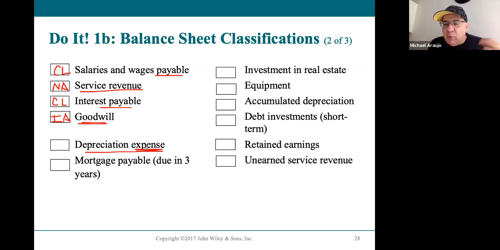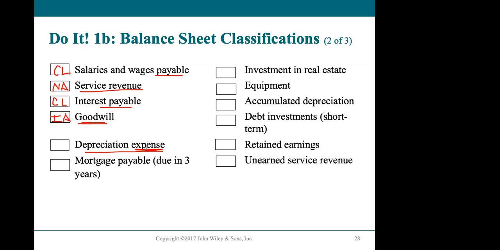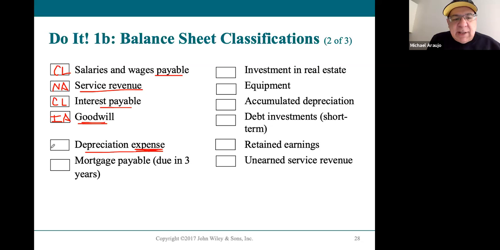As soon as you see the word expense in an account name, it should tell you that it's an expense. Income statement. Right? Rent expense, supplies expense, insurance expense, interest expense. That should tell you automatically it's an expense account. And so this belongs on the income statement, and so it doesn't belong on the classified balance sheet at all. So that's another one of those accounts.